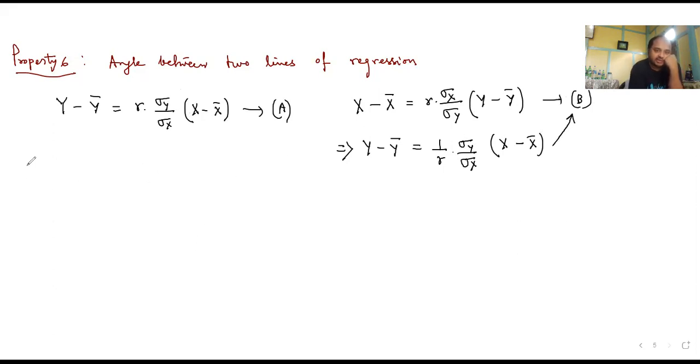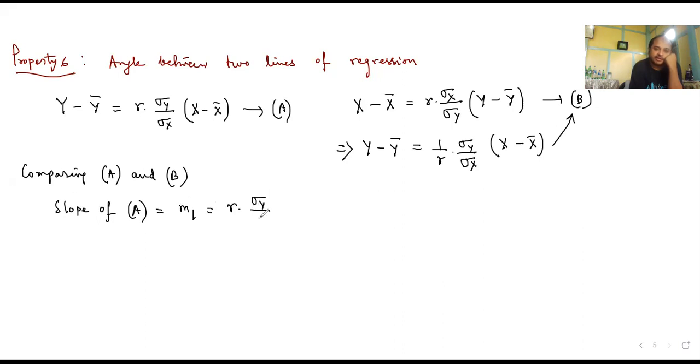If I compare these two equations, A and B, we find that the slope of A, which we denote by m1, is r into sigma y by sigma x, and the slope of B, which is m2, is 1 by r into sigma y by sigma x.